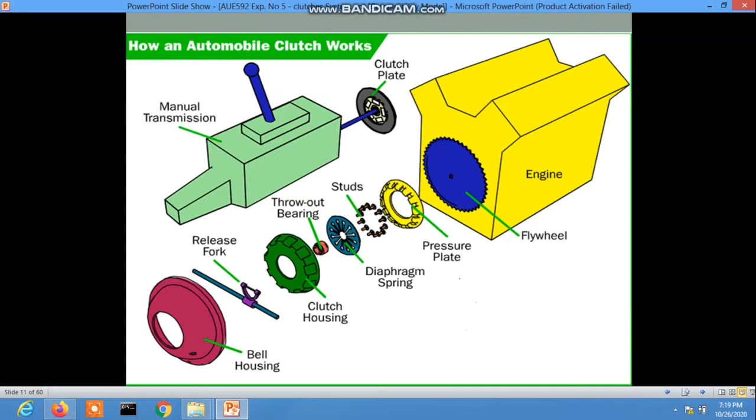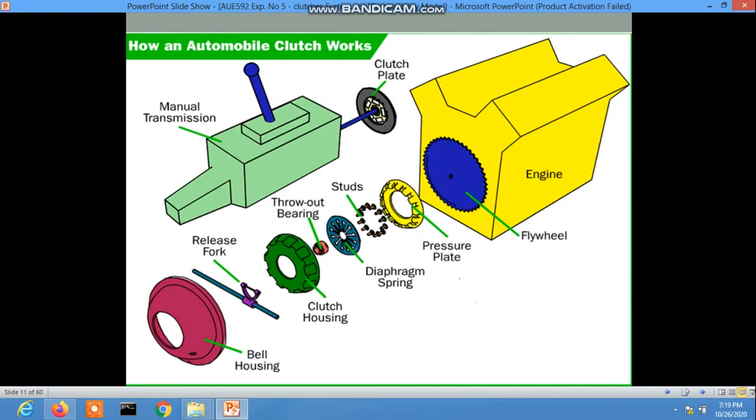This is the diaphragm spring, and this is the throwout bearing, that is the release bearing. There is the clutch housing, and there is a release fork, and this is also the bell housing.